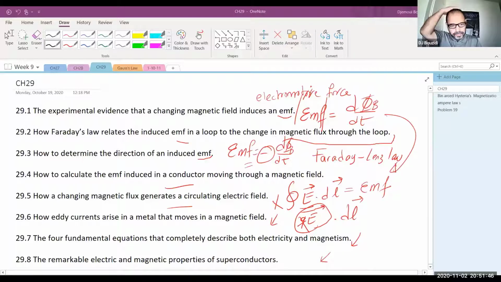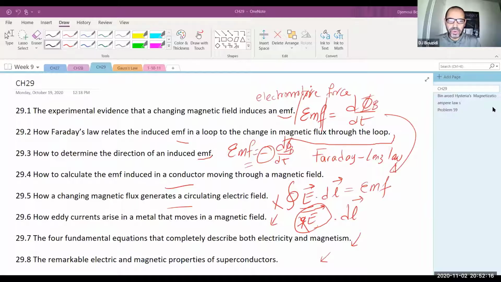We're going to do an example from this chapter, as we have been doing in the past few chapters, where we pick up a problem from the chapter. I know we have an exam next week around this time, and that exam is going to cover chapters 27, 28, and 29. The review for that is in the homework and also these additional 3 problems.